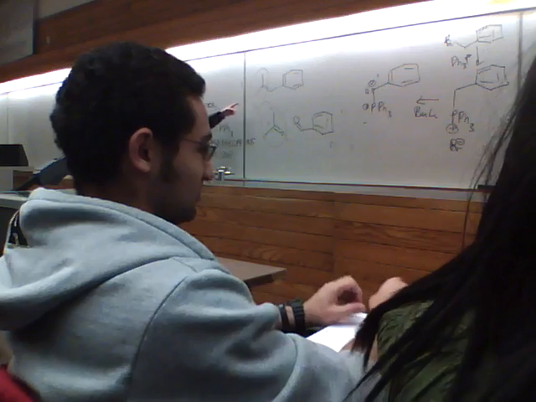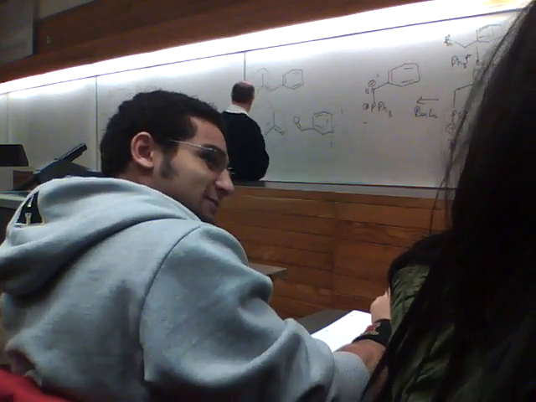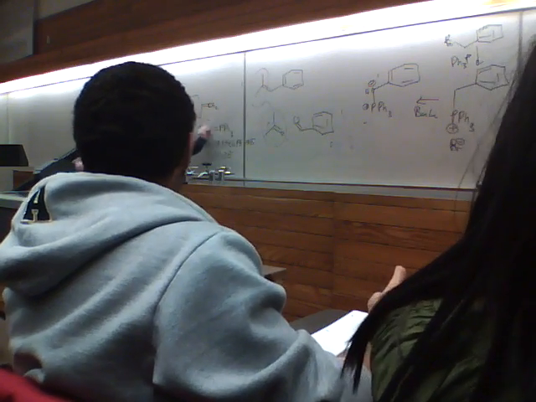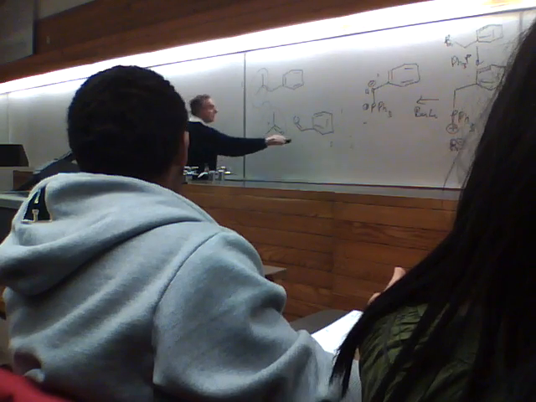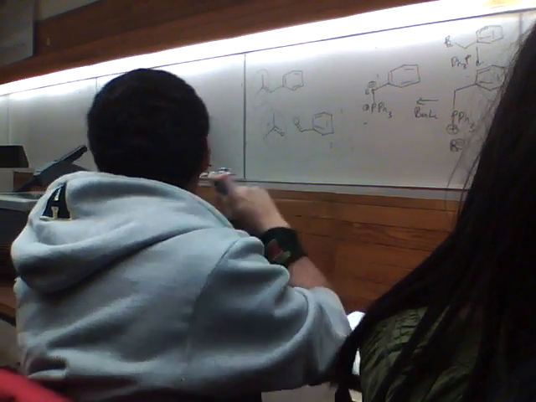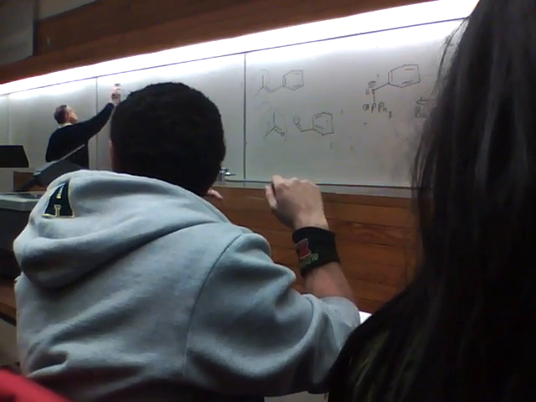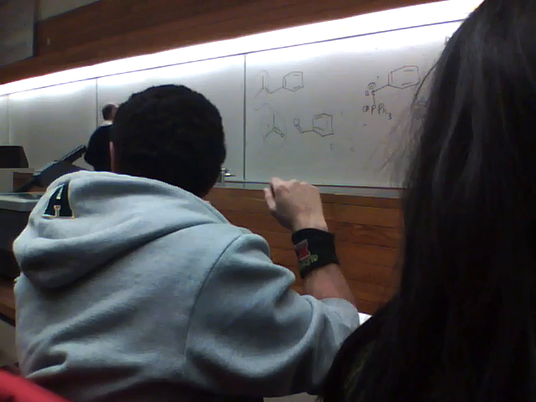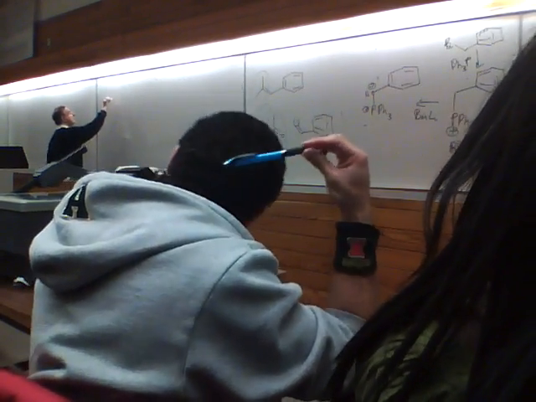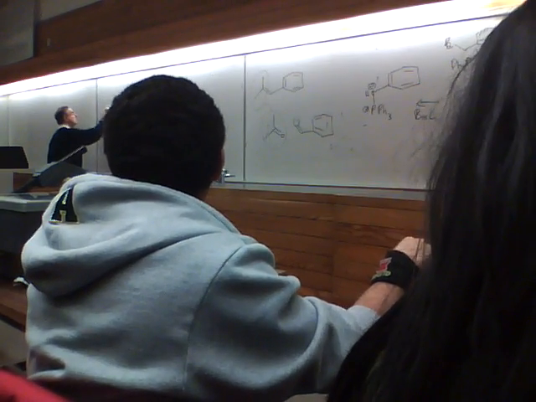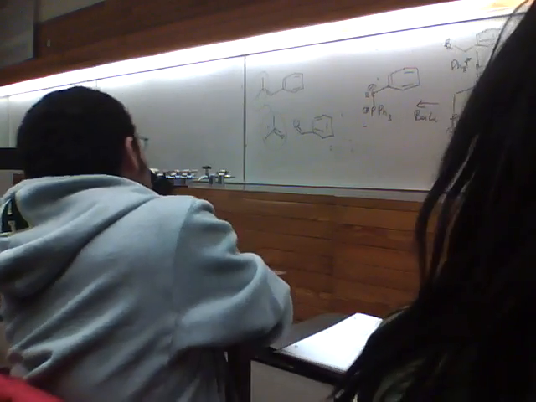Okay, so if this is going to be the carbonyl compound, this is going to be the ylide. But let's do it the other way around. Supposing that it's benzaldehyde, that's to say this compound, that's going to be the carbonyl compound. Well, if it's going to be the carbonyl compound, the ylide that we want is this material.